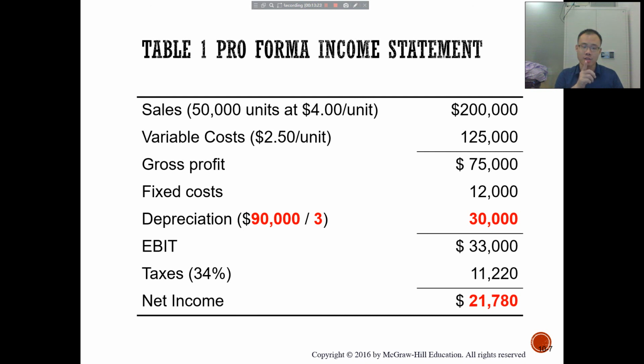I highlight the depreciation because this is important in the calculation of cash flows. The capital investment is $90,000. It is assumed, okay? I just assume that this is the amount. And maybe it's the payment for the equipment, and it can be used for 3 years. For each year, you assume that the depreciation of the value is $30,000.